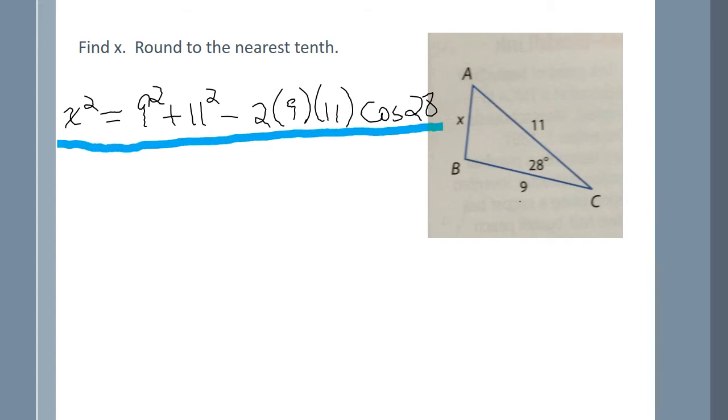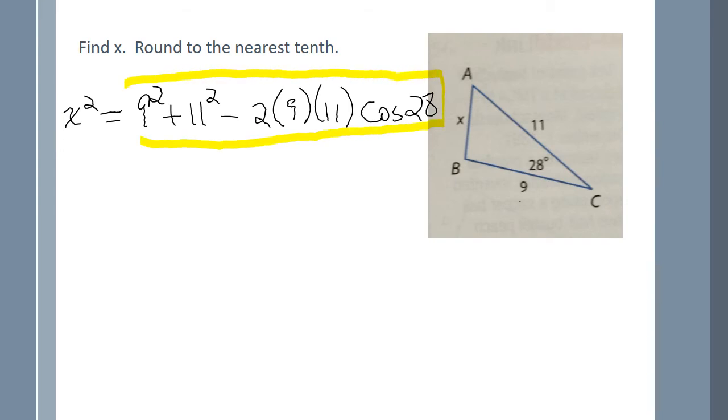Okay, so I'm going to plug all of this into my calculator. Oh, excuse me, wrong thing. I didn't want to show all that. This is what I want in the calculator, just this here. So I take my calculator and I've got 9 squared plus 11 squared minus 2 times 9 times 11 times the trig function cosine of 28.